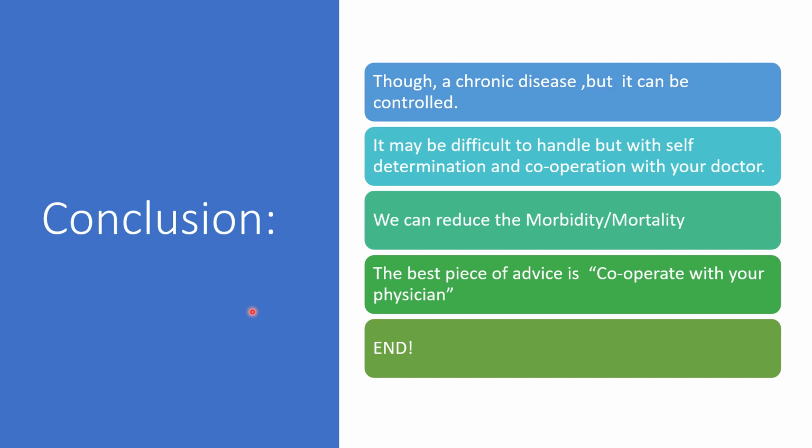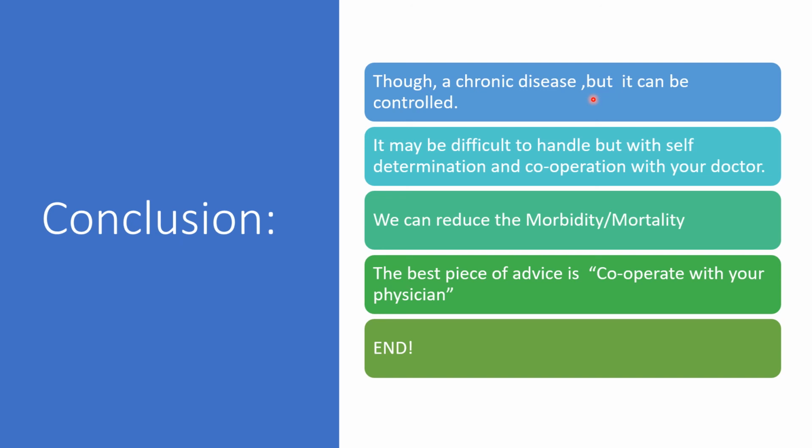Okay, the last bus stop. Wow. Though hypertension is a chronic disease, it can be controlled. It may be difficult to control, but with self-determination by you and cooperation with your doctor, that will be doable. We can reduce morbidity as well as mortality when there is that cooperation between the affected individuals and the respective physicians.